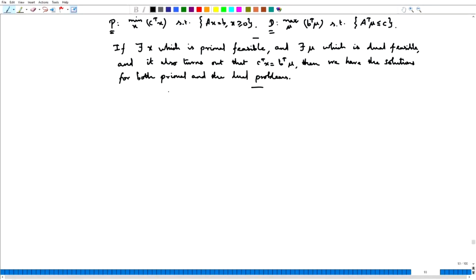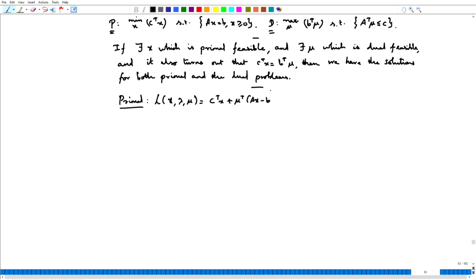If you consider the primal problem, it is min C transpose x subject to Ax equal to b, x greater than or equal to 0. Let us write the Lagrangian for the primal, which is a function of x, lambda and mu. You have C transpose x, and for the equality we are using mu, so mu transpose (A x minus b).